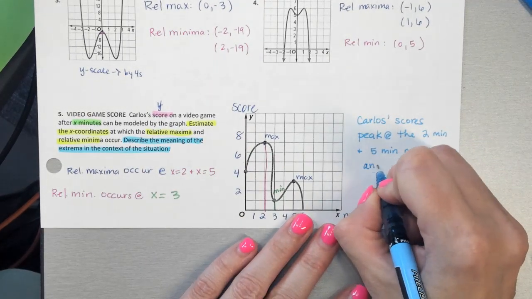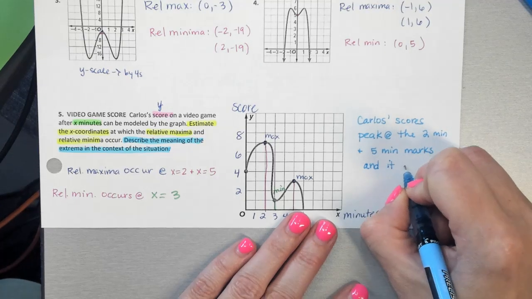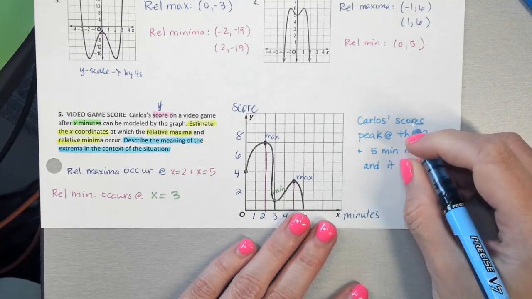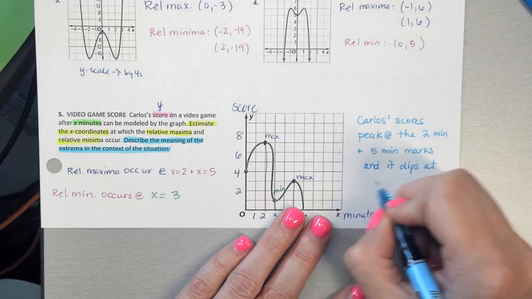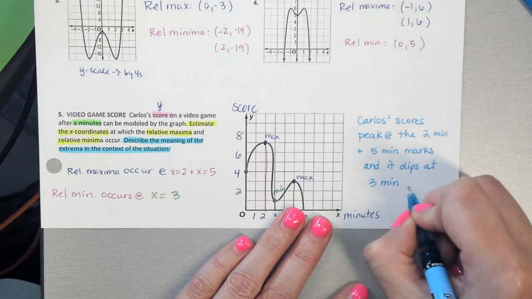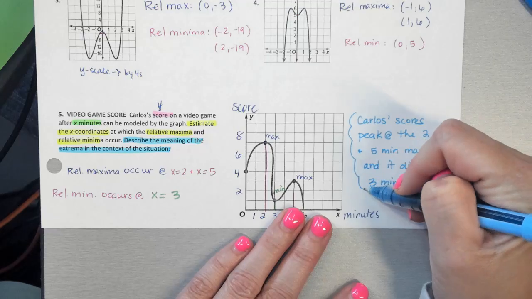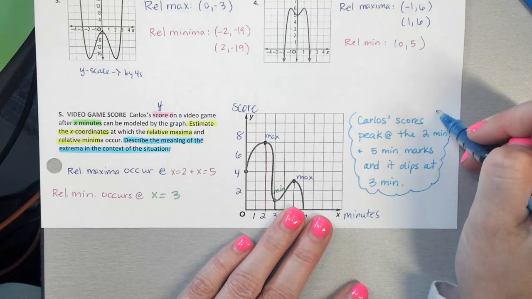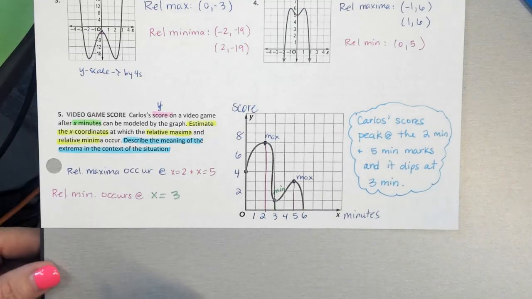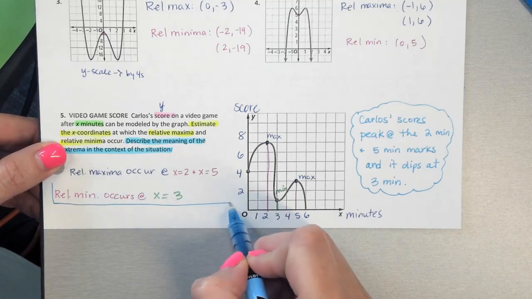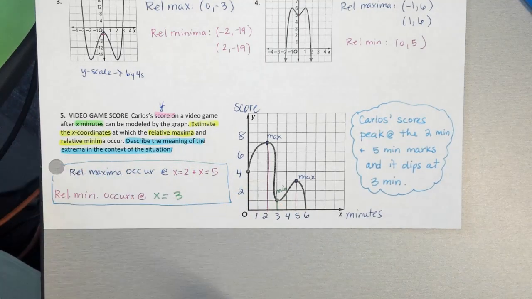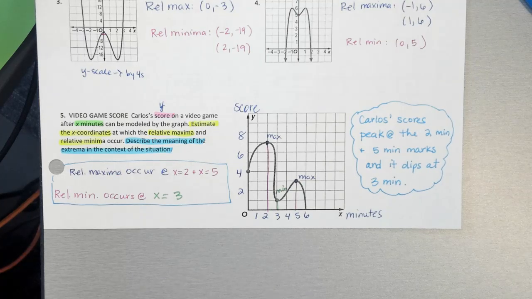And it dips at 3 minutes. Okay, again, you can also say Carlos reaches his highest scores at 2 and 5 minutes and his lowest score at 3 minutes, and that would be great.